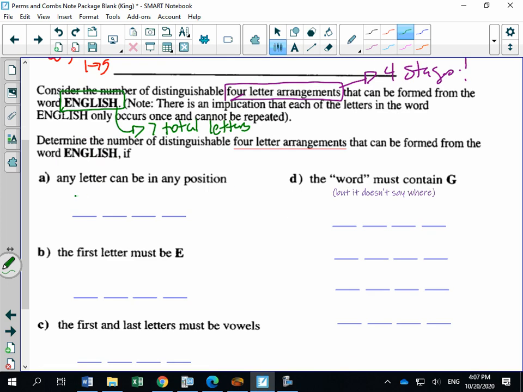So I have 7 total choices for that first stage. Once you use a letter, though, it's gone, right? So I would have 6 choices for that stage, 5 choices, and 4 choices. So it's 7 times 6 times 5 times 4, and that would be 840 possible arrangements.